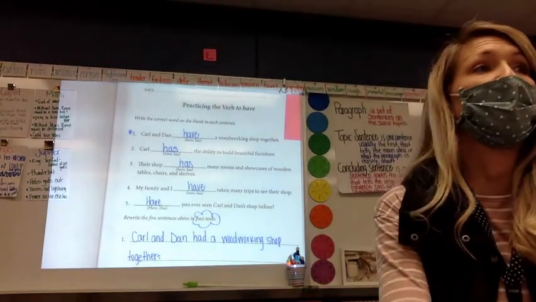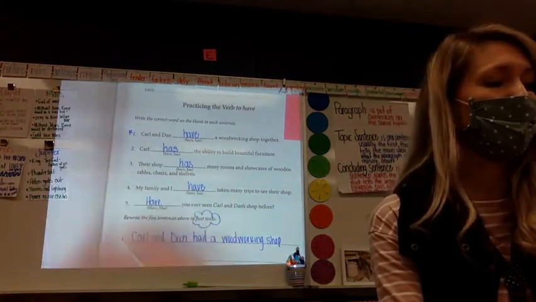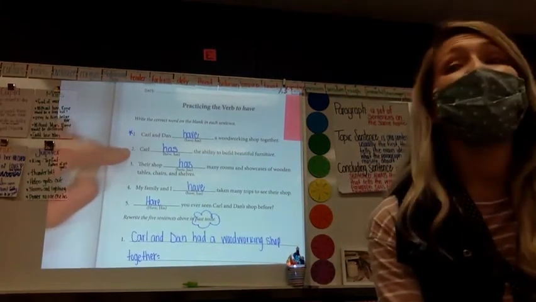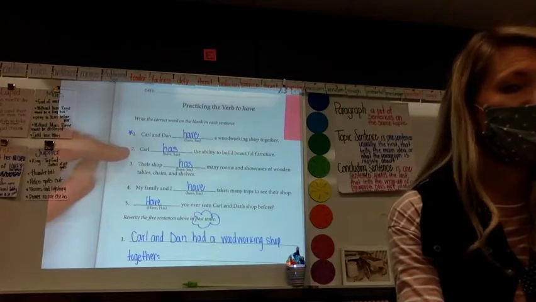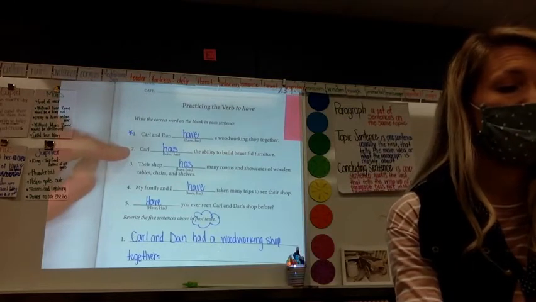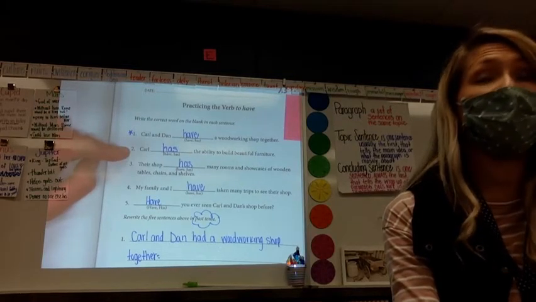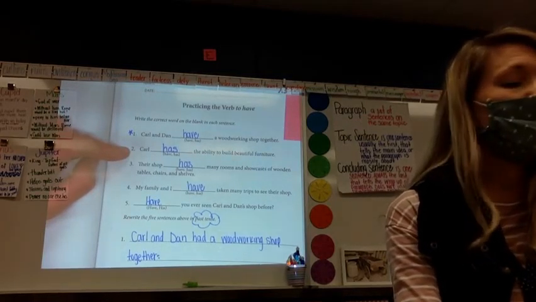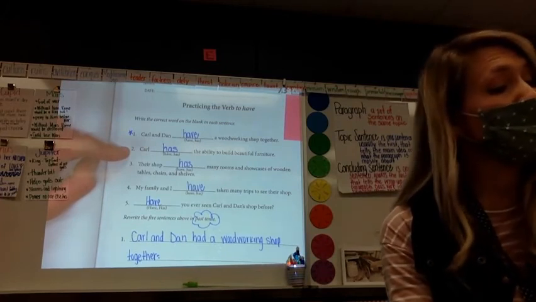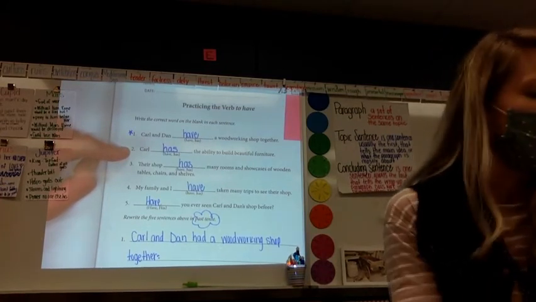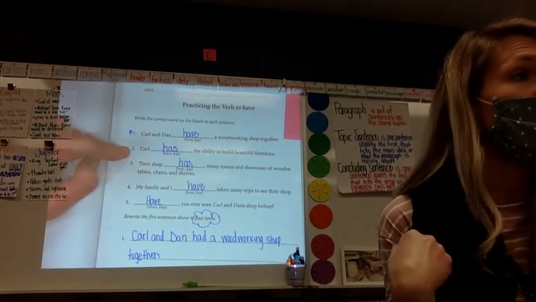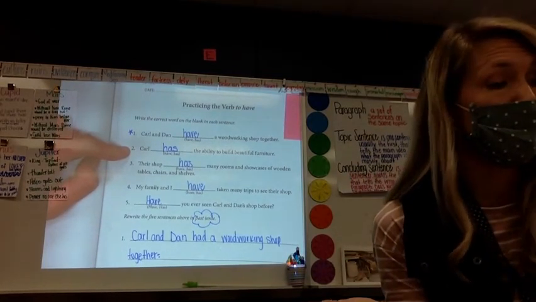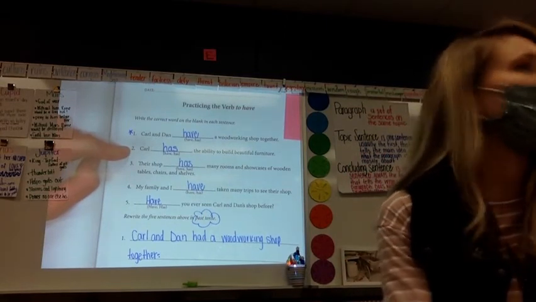Everybody put your finger on the second sentence up above. Read the second sentence with me. Carl has the ability to build beautiful furniture. We needed to change it to past tense. So instead of Carl has the ability to build beautiful furniture, down here at number 2, we are not going to write just Carl had.